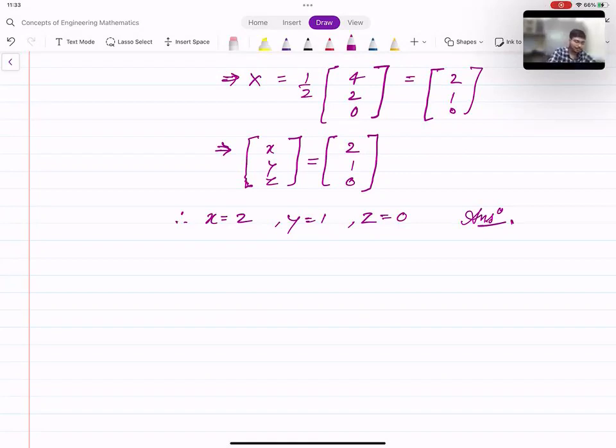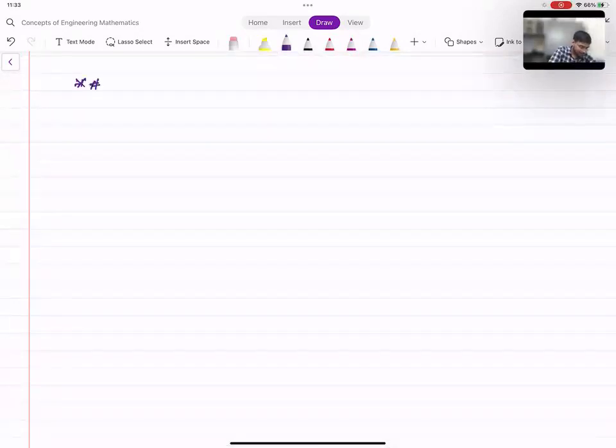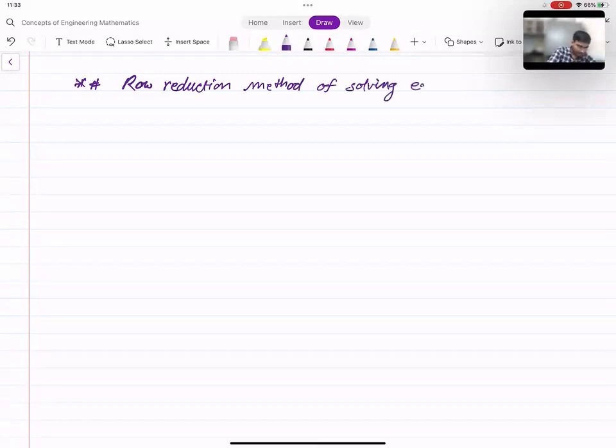So we now have the row reduction method of solving simultaneous equations.